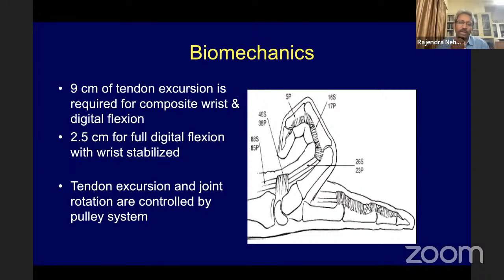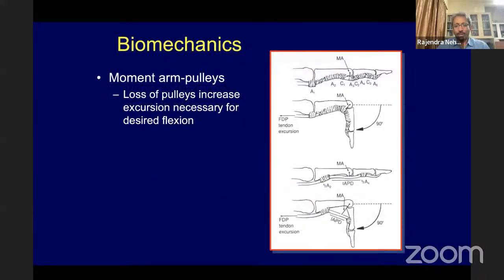So when you stabilize the wrist and do only digital flexion, it is 2.5 centimeters. Tendon excursion and joint rotation are controlled by the pulley system. It is very important that these pulleys are kept intact. You should remember this biomechanics, as it has importance in getting a good result.